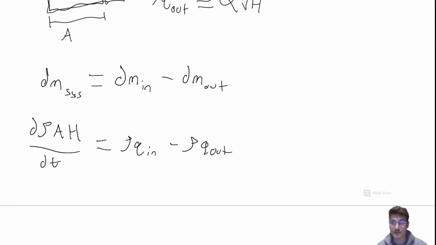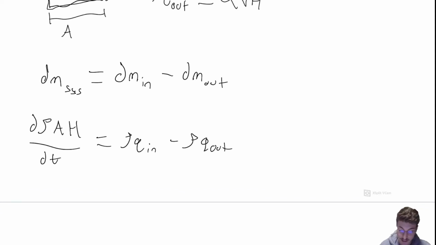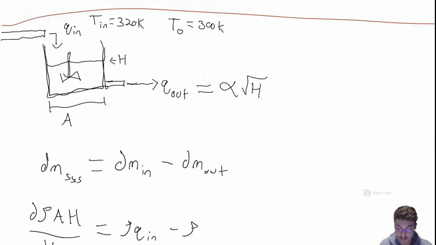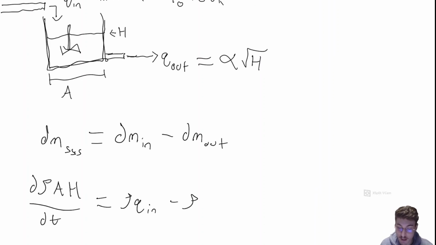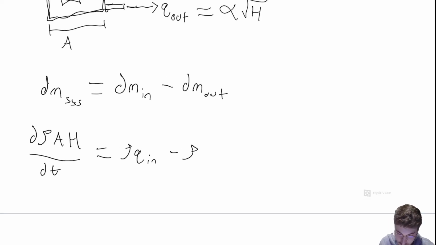So then we get just the kilograms from the density, and then we have the mass right there. But instead of writing it like this with Q out, we know that Q out is represented by alpha square root of h. So we can just substitute that in, alpha square root of h.